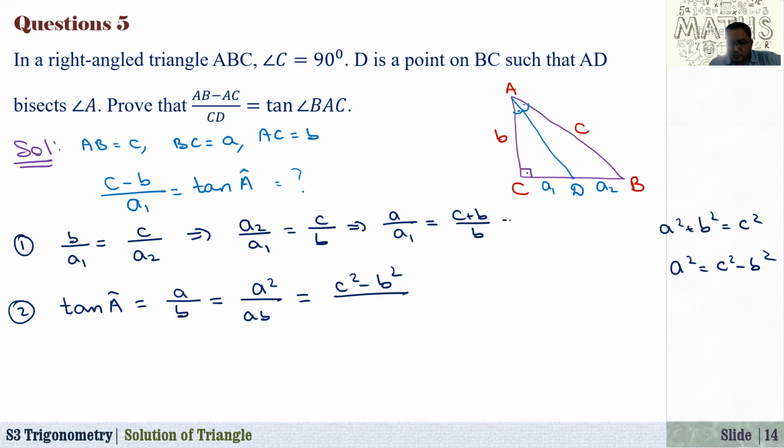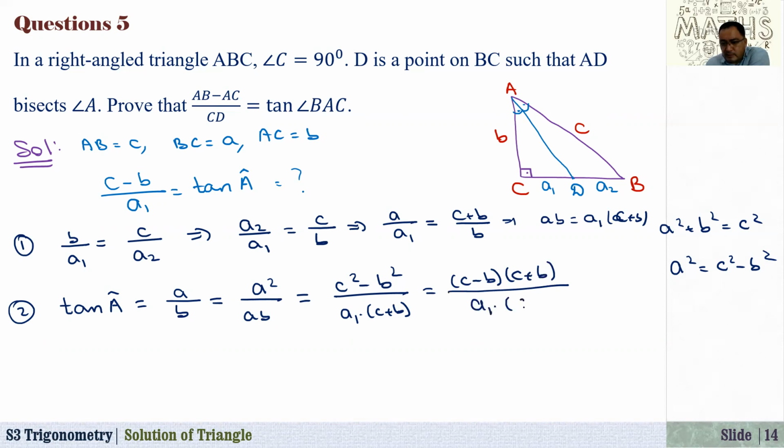B, right? If you just cross multiply, what is A times B? That's A1 times C plus B. So instead of AB, I can write here A1 times C plus B. So if you factorize the numerator now, that's equal to C minus B and C plus B, over denominator A1 times C plus B. So now C plus B, they cancel out each other.